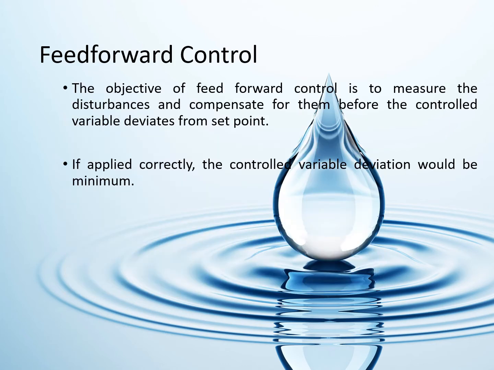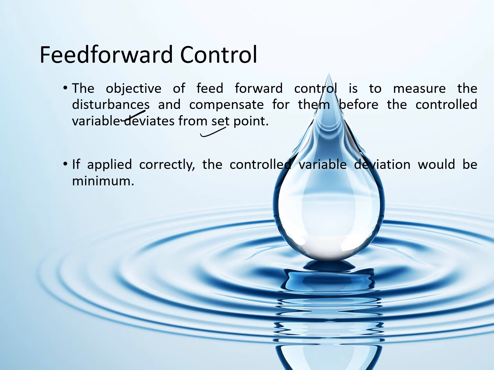Okay, now I move to the feed forward control. The objective of feed forward control is different compared to feedback control. Feed forward control is used to measure the disturbance and compensate for it before the control variable deviates from the set point.